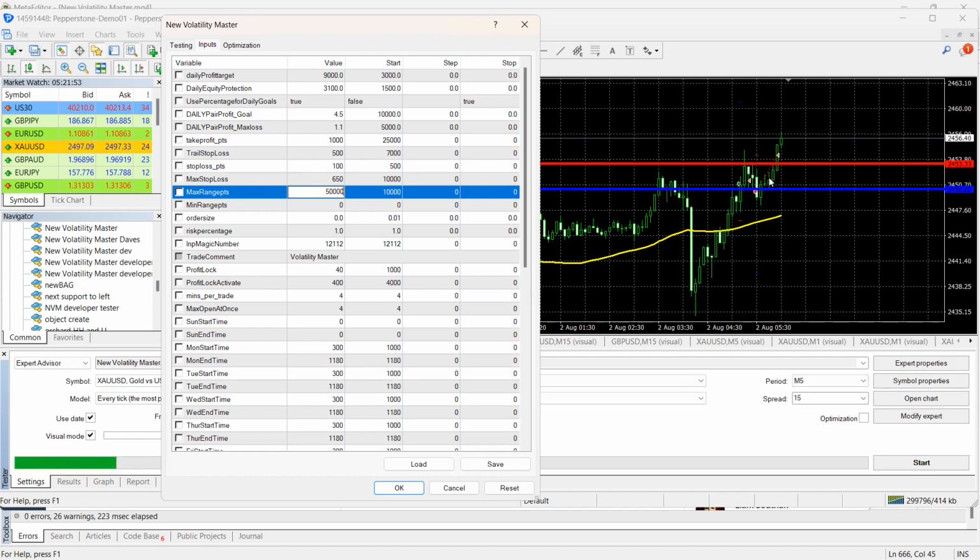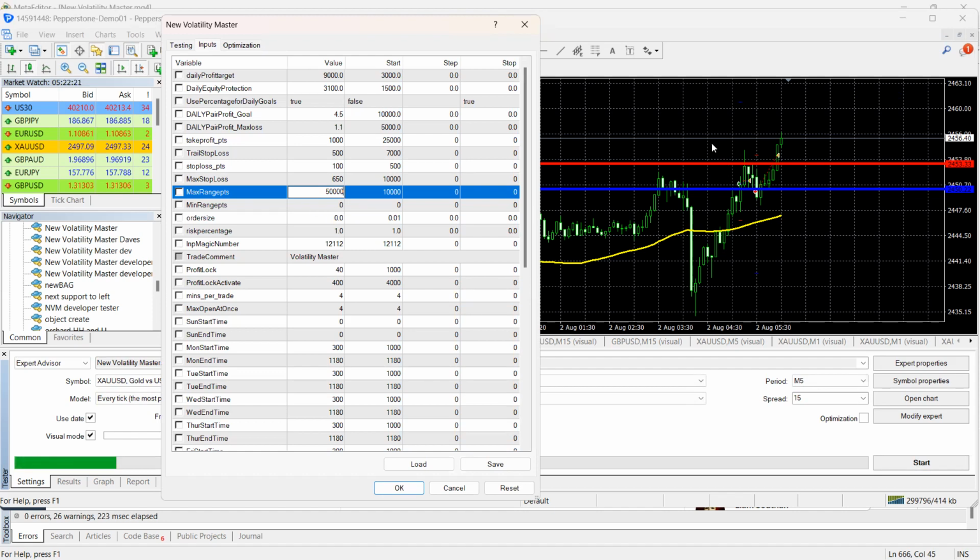So at the moment, prior to adding that setting, as long as the top of the range was above the bottom of the range, it would trade. But that still meant that it could be only a tiny, tiny range. So personally, if the range is really tiny, I don't want it to trade. I'm not using it live yet. I need to backtest it and everything.